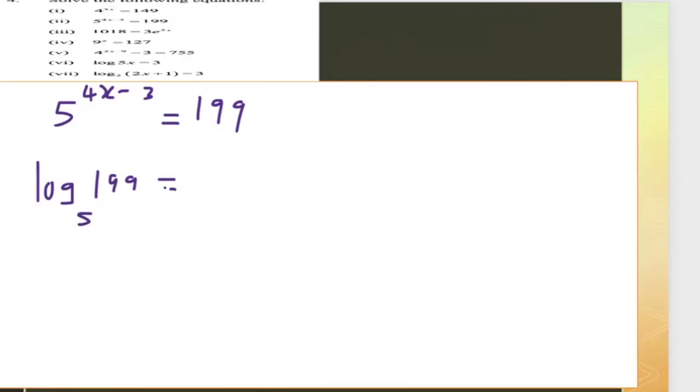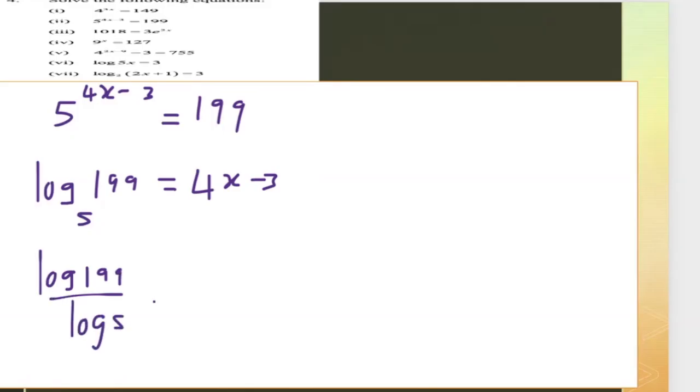Now remember I said there are two ways to do questions like these. So I could have done writing this in log form. So writing it in log form, so the base is 5. Then I have 199 here equal 4x take away 3. Then I go ahead, use change of base formula, so I have log 199 divided by log 5 equal 4x minus 3.